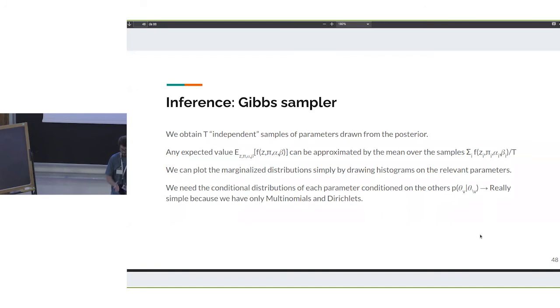That's the idea here. So we can plot the marginalized distributions, and to do this, all we need is the conditional distributions of one variable with respect to the others, which in this case, because everything is multinomial and Dirichlet, is really easy to do. So in our model, we can use a very simple Gibbs sampler and get samples from the posterior in a very cheap way.